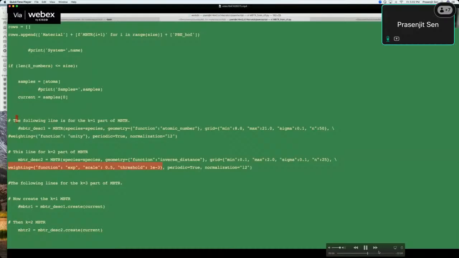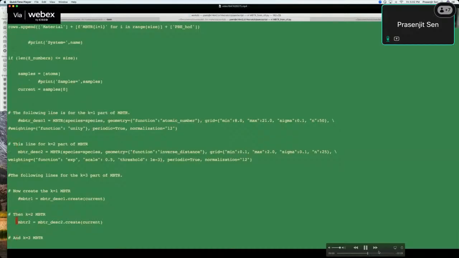So these steps specify how this is to be calculated, and this line then calculates MBTR2 for the current structure. So the idea is the same.